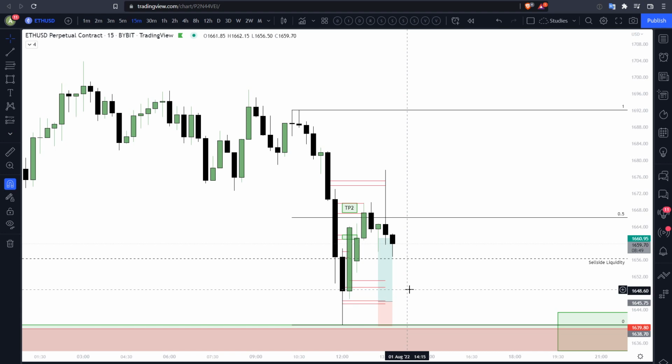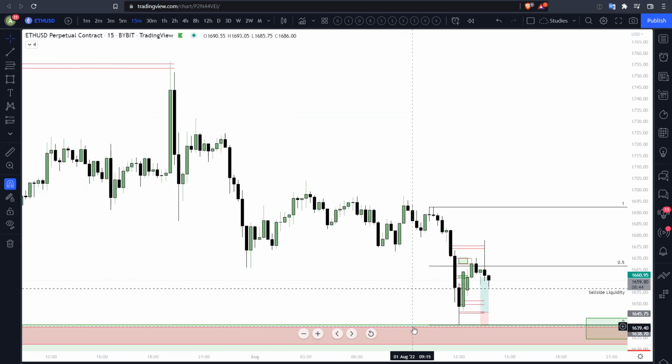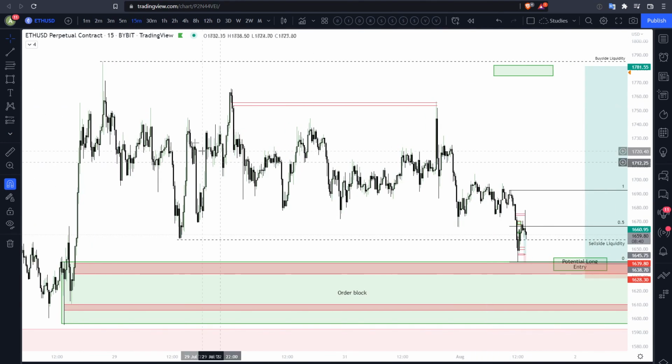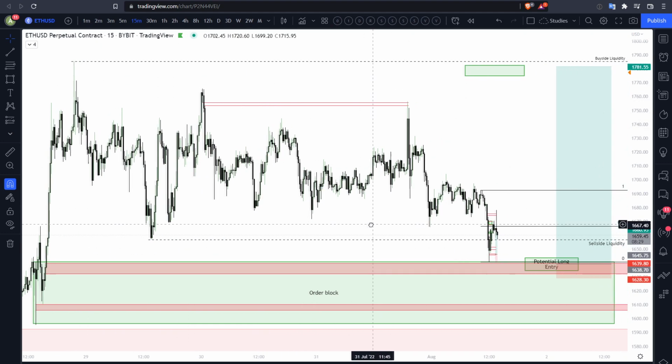a good opportunity to long is because it simply can continue to go down, because the overall trend, although we are ranging, overall trend is of lower highs and now lower lows. So we are basically trending down.